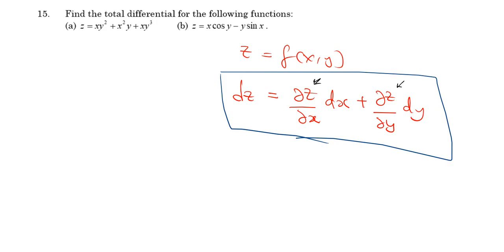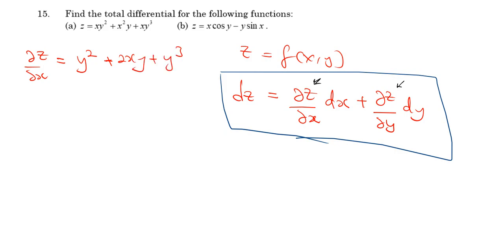So I first find my partial of z with respect to x. For the first one, I am differentiating with respect to x, treating y as a constant. So I get y squared, plus 2xy, plus y cubed.